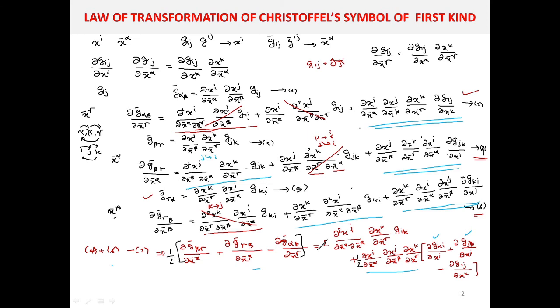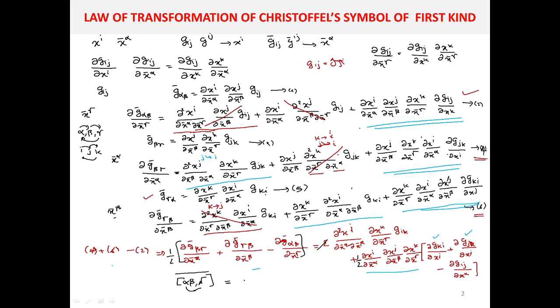Now when you check this particular term, actually this is the equation for the Christoffel symbol of the first kind, [αβ,γ], but in the barred coordinate system, so [αβ,γ] bar. Its value will be half of ∂ḡ_αγ/∂x̄β plus ∂ḡ_βγ/∂x̄α minus ∂ḡ_αβ/∂x̄γ.